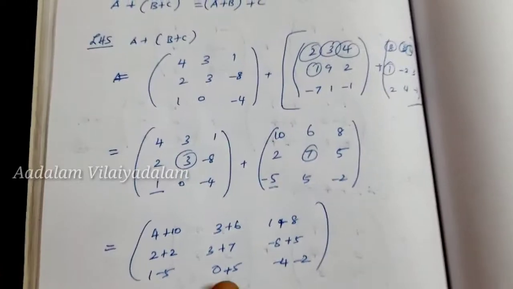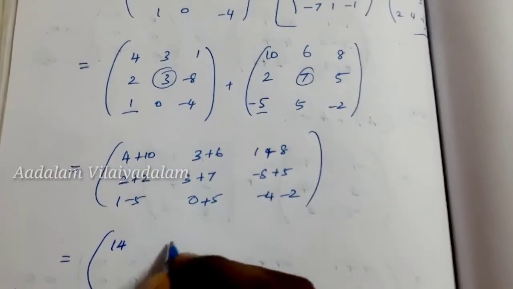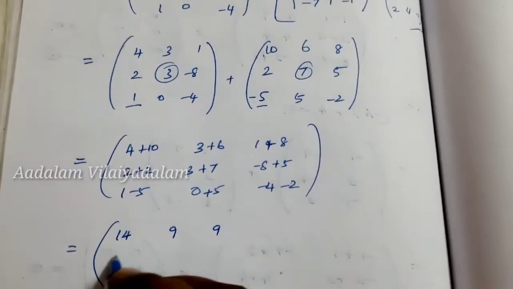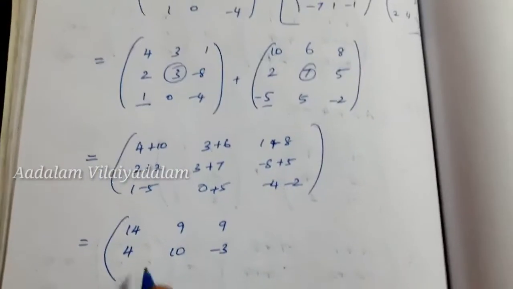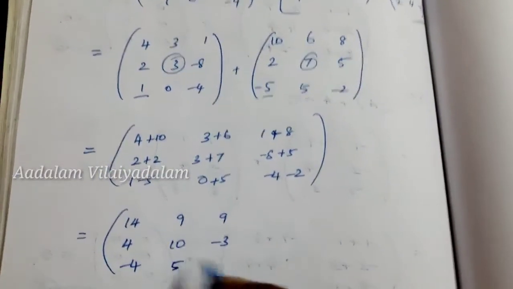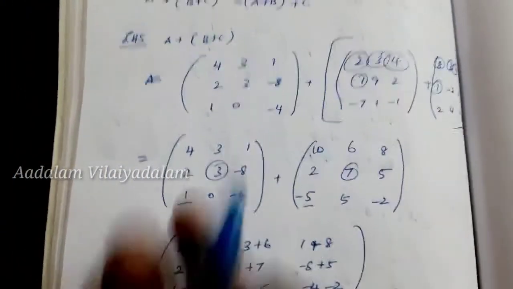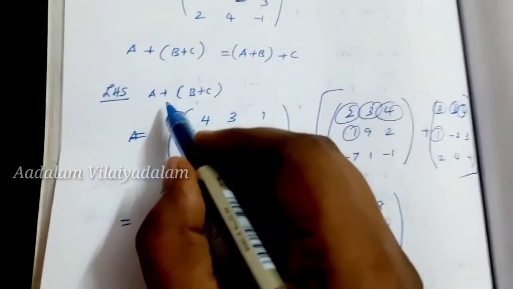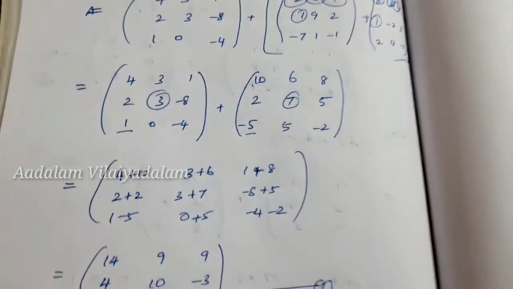So addition of these we get 14, 9, 9, 4, 10, minus 3, minus 4, 5, minus 6. So this is the answer for the left hand side, A plus B plus C. Take it as equation 1.